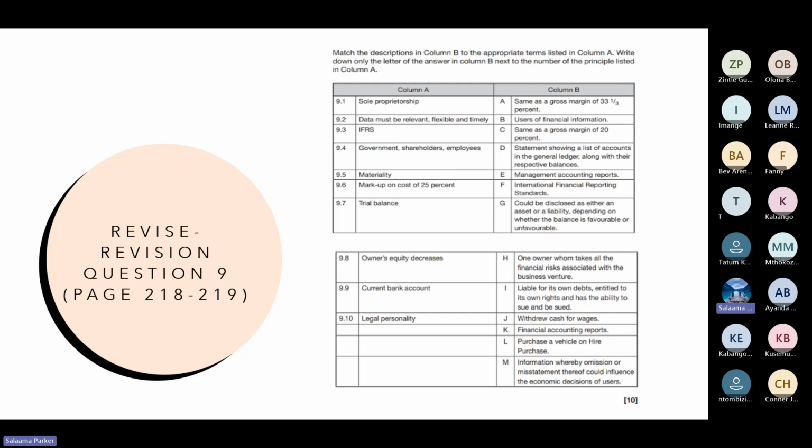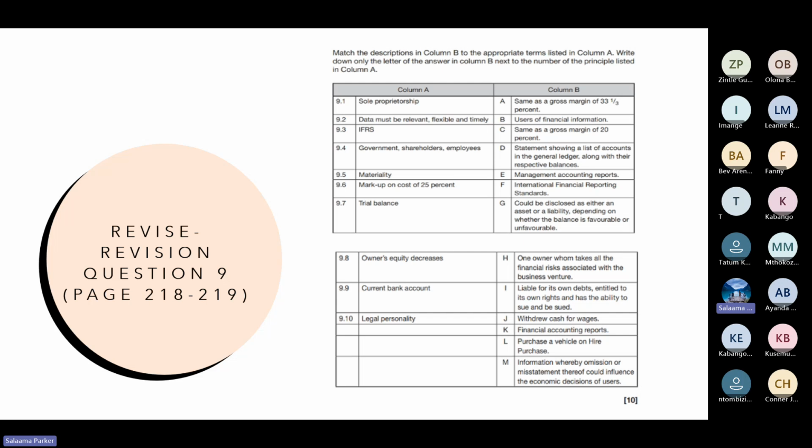Data must be relevant, flexible, and timely. That one is E. Well done. Management accounting. Can you see how important it is that you revise learning unit 1?